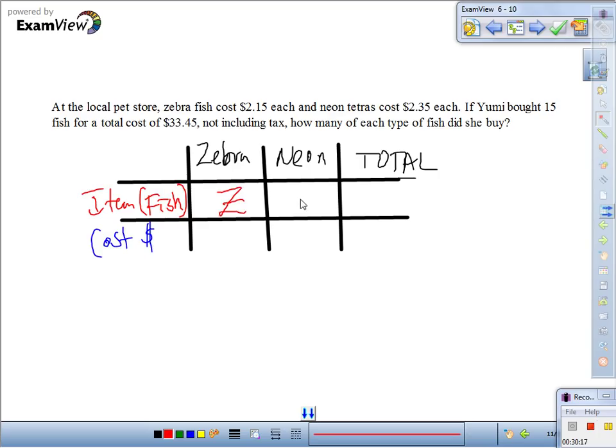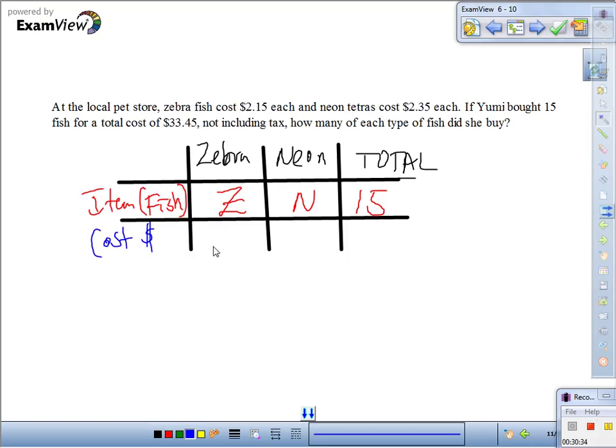Z, N, and 15. Hands if you agree with that. That is correct. Z for zebra, N for neon, since we don't know how many of each, but we know the total amount of fish they bought, which was 15. All right?